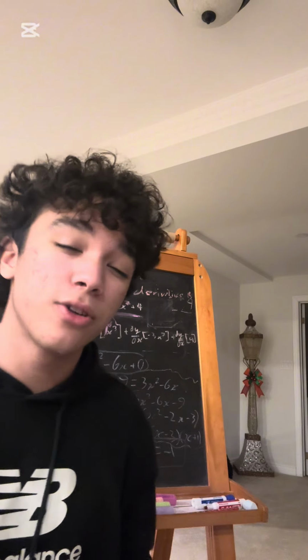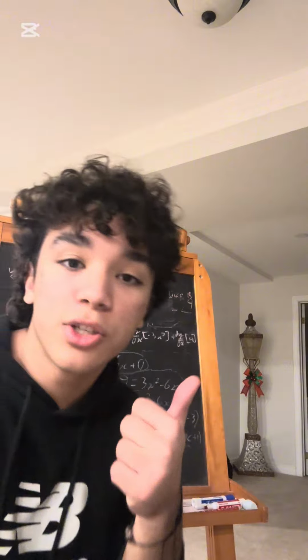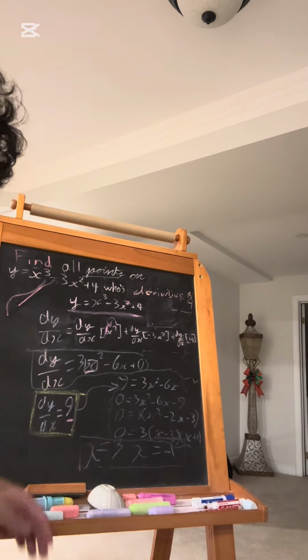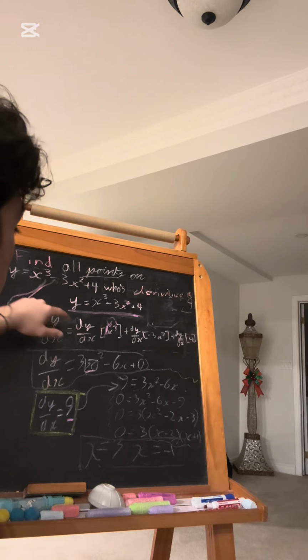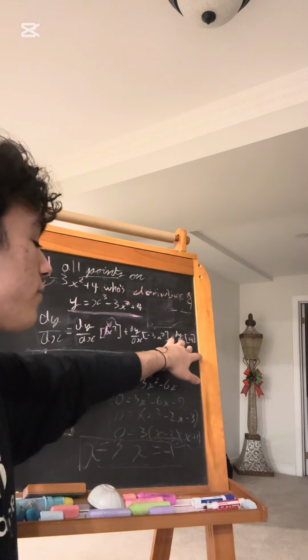We derive using our derivative rules. We're going to derive each term separately. First we derive x cubed, then negative 3x squared, then 4.